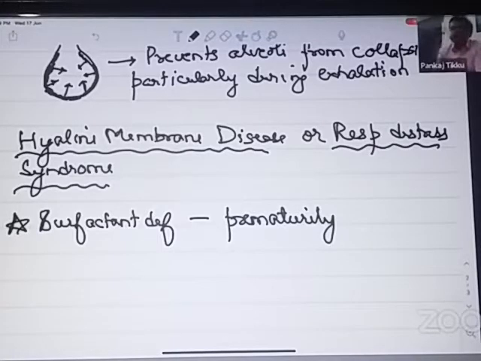Because the child is born premature, there will be surfactant deficiency. Now you can understand, I've already told you the function of the surfactant. When the child is inhaling air in, the alveoli will open up.